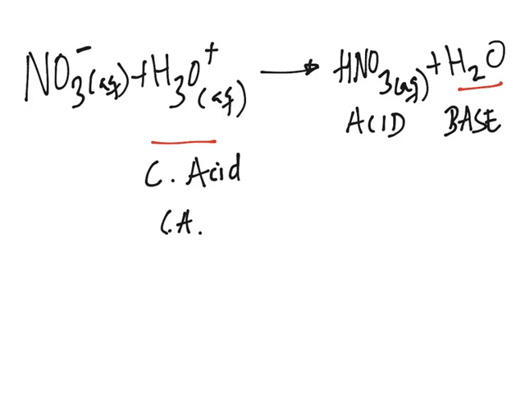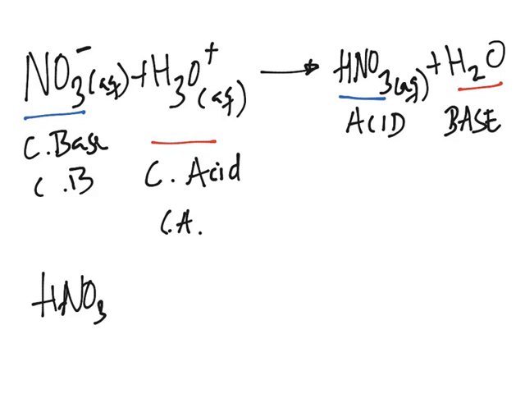And you can see that the NO3 minus suddenly becomes HNO3. So it accepted a proton, an H plus. So we will call this our conjugate base, or Cb. So you actually have to write this reaction as something like this: HNO3 aqueous plus H2O, with an arrow that forms the NO3 minus.